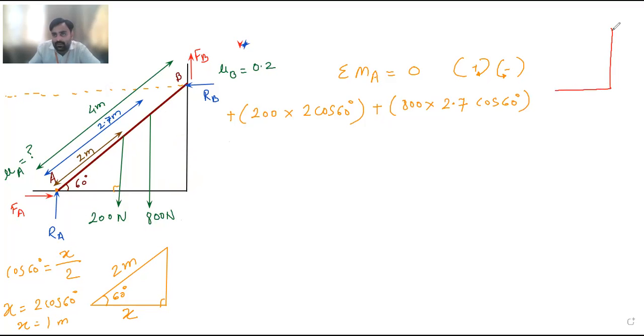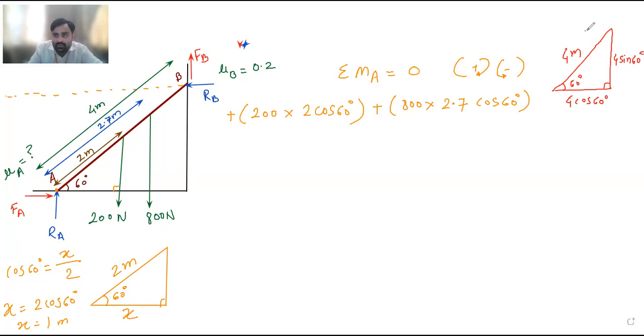Suppose this total is 4 meter and this angle is 60 degree. Then this will become 4 sine 60 and this is 4 cos 60. You can calculate it, and after calculation you will get the same answer.